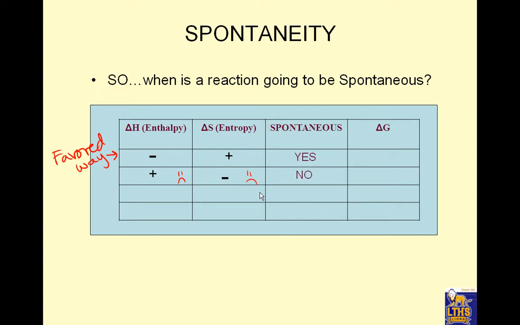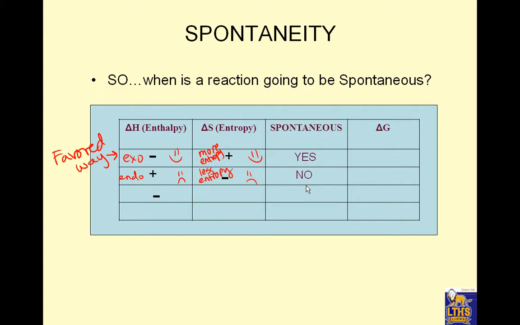So that reaction will never be spontaneous in that direction. Favored, favored. This is exo. This is more entropy. That's favored by nature. That's spontaneous. Endo and less entropy are not favored, so that's not spontaneous ever.